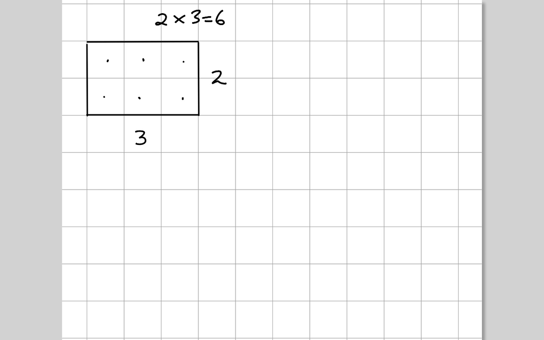Now, I want to use a linear scale factor of 2. That's linear scale factor. That means I have to take each dimension and multiply by 2. So what does 3 become? So down here, 1, 2, 3, 4, 5, 6.